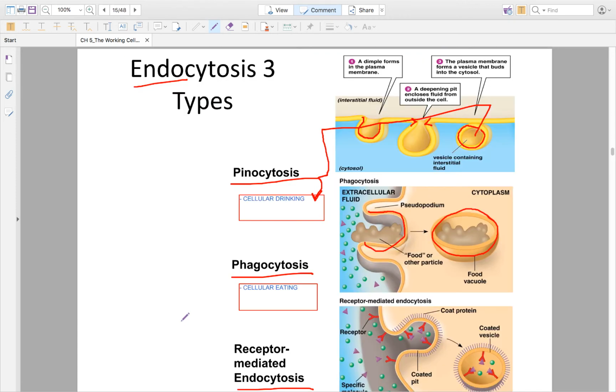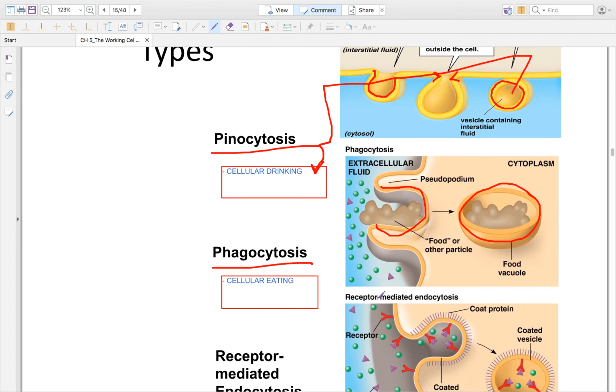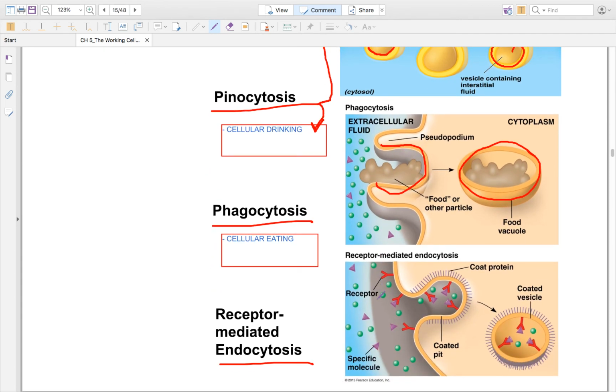Receptor-mediated endocytosis is pretty straightforward. It is when there's a receptor and a specific molecule involved.